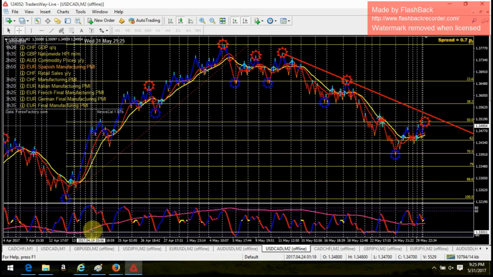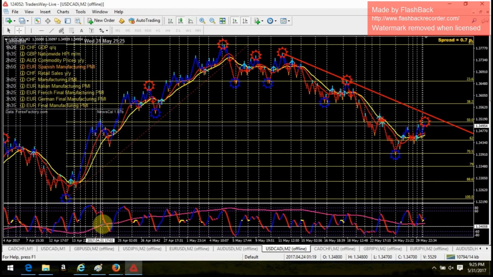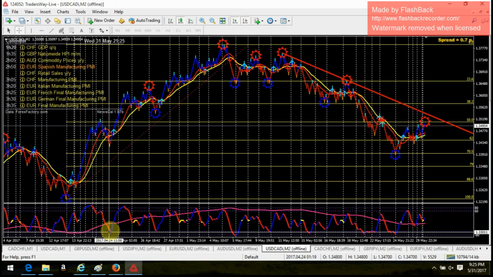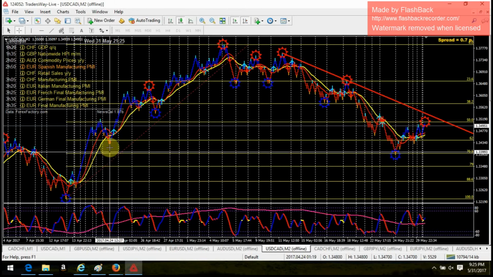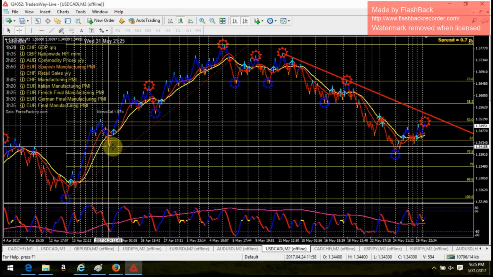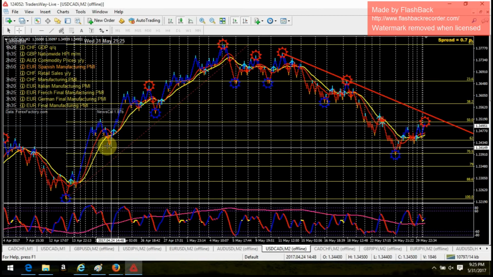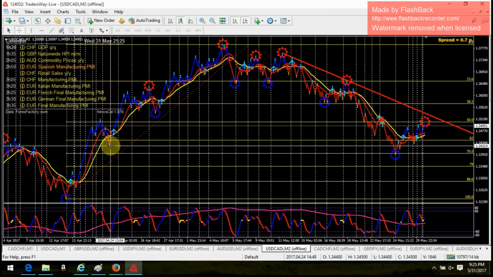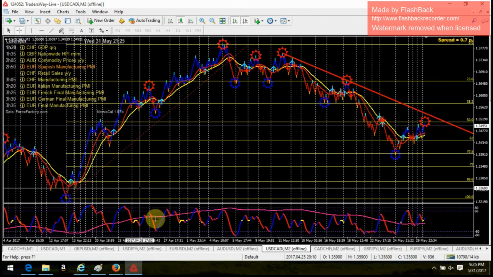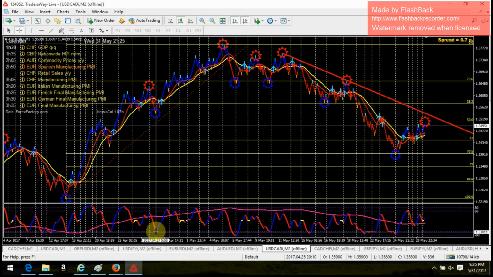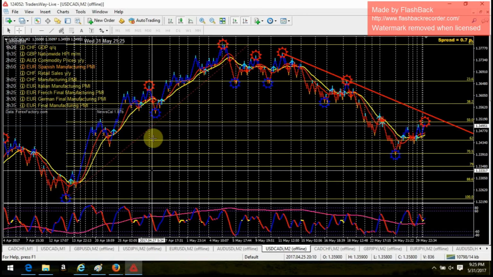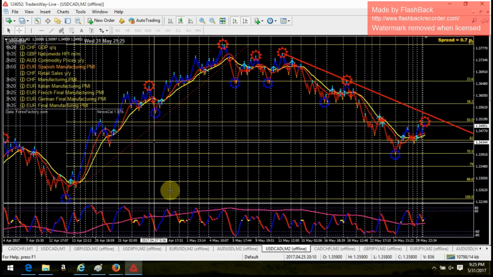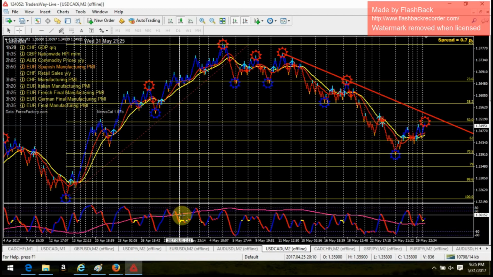So since the trend is up and we got a dip down into the buy zone on this indicator, which is right here, this is the perfect entry into the uptrend. So we can see it's the perfect entry. Let's see if we can find another one right here. The trend is still up, perfect entry.